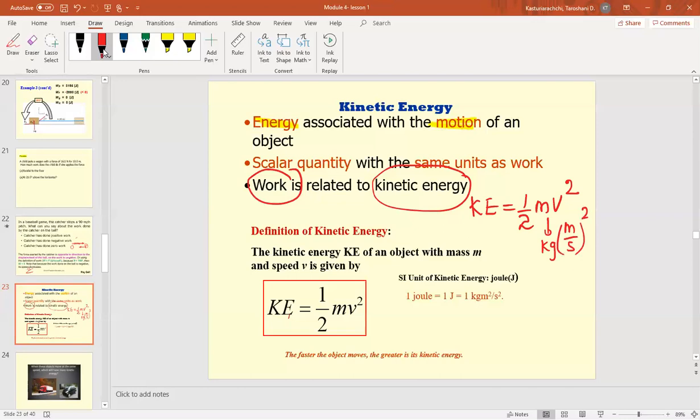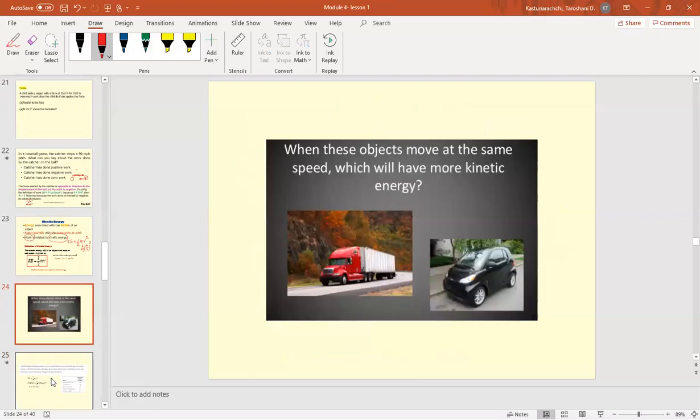So that's why I put it in terms of kilogram meter squared per second squared. This kinetic energy depends on mass and speed. All right, what do you think? When these objects move at the same speed, which will have more kinetic energy? Pretty obvious. It depends on two things.